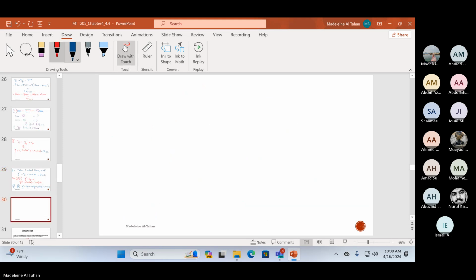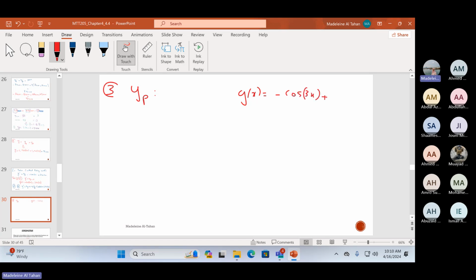Let's look now at the particular solution, right? So YP, remember, G of X is the negative cosine 3x plus 2 sine 3x. So we need to find now YP.